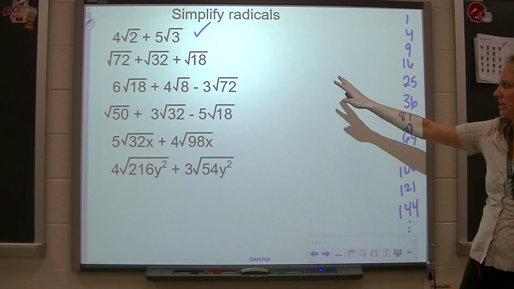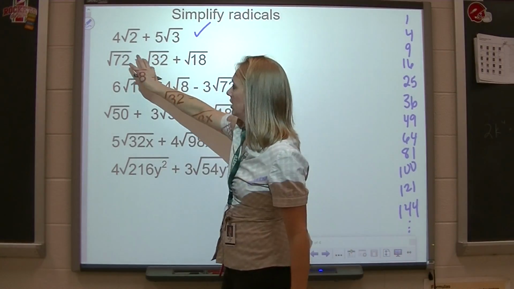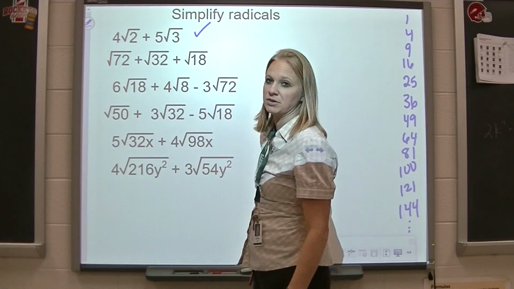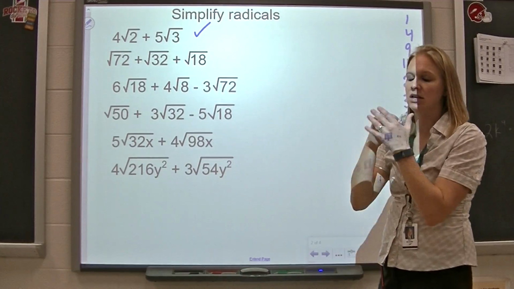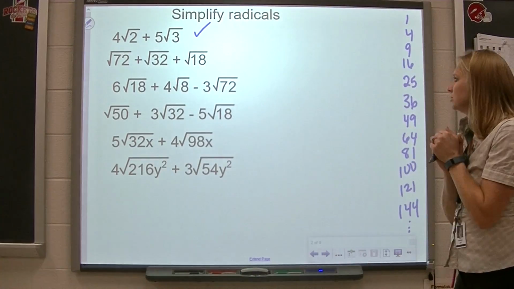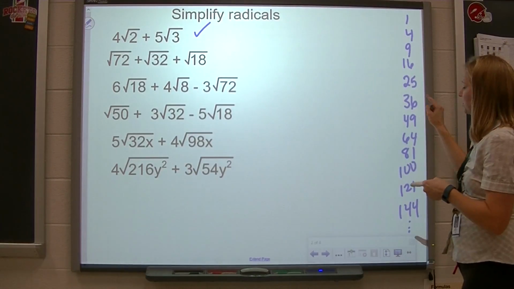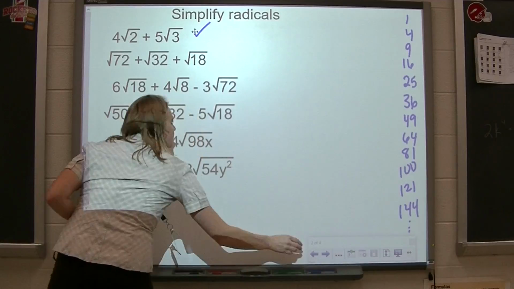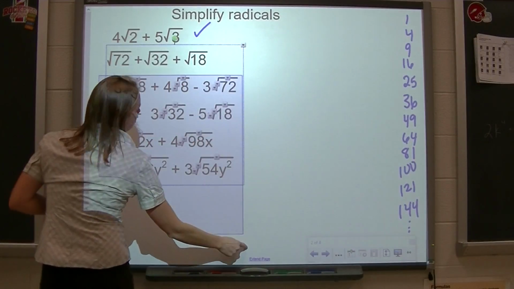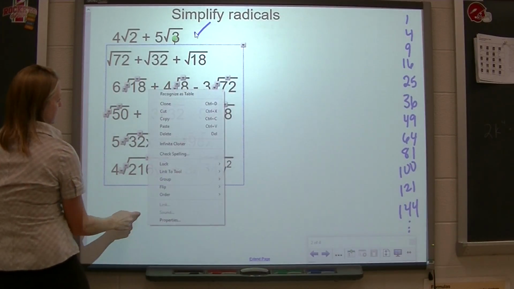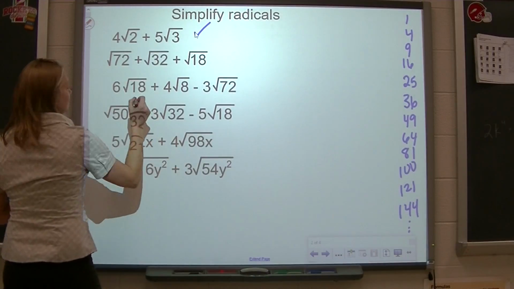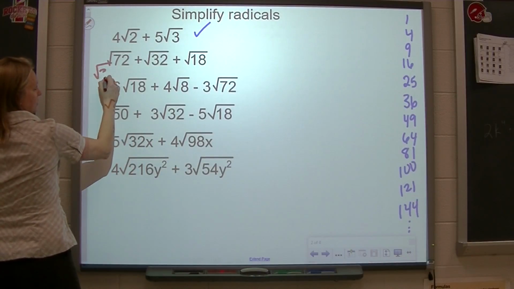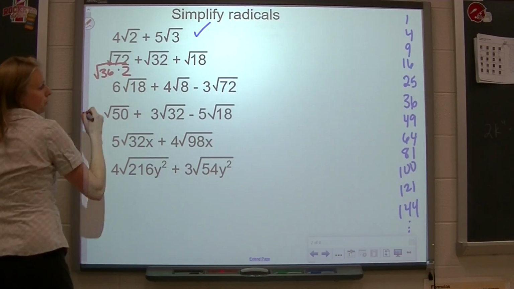So I'm going to try to find the square number, because clearly I'm going to have to break down all 3 of those, because I have to get them all to where I can add them. So the square number I know that goes into 72 is 36. So this is going to be rewritten as the square root of 36 times 2.